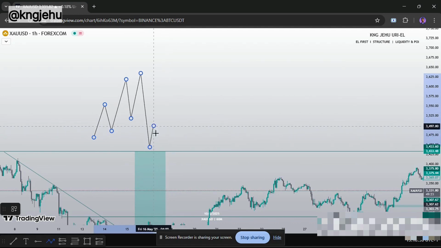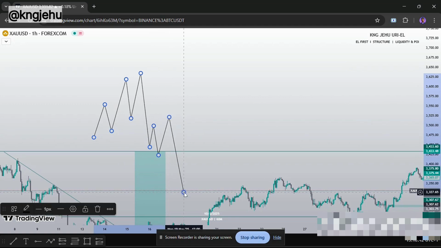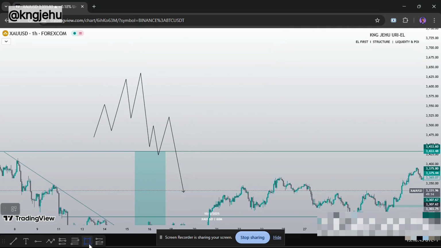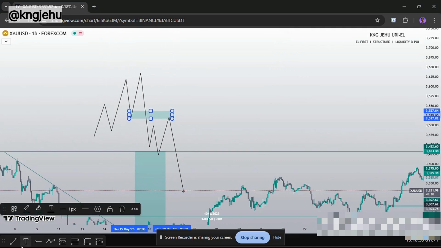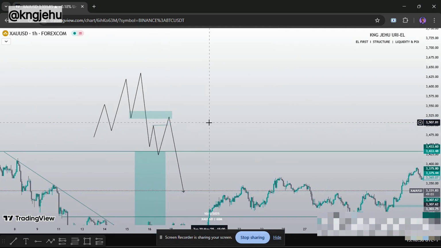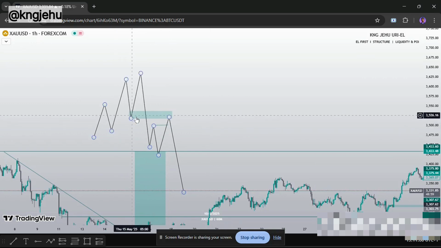Most times price is going to give you something like this, which is liquidity, then you tap on it and sell. So this is a bearish breaker block scenario, and this is the breaker block here, and this is our liquidity. I'm not going to be talking about liquidity in this video, I'm just going to be talking about the failed order blocks. So this is a bearish breaker block.